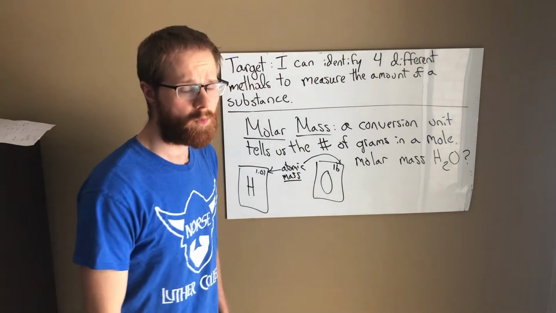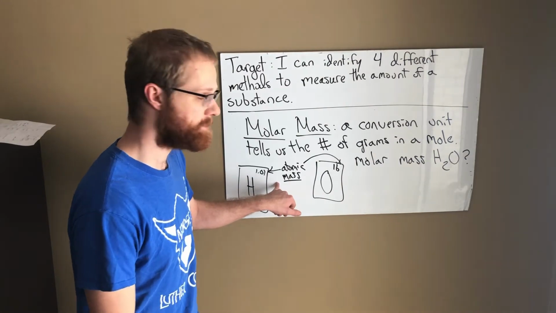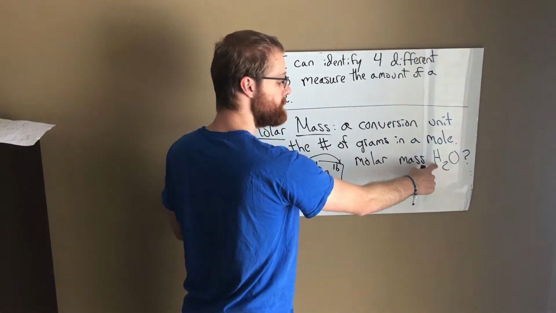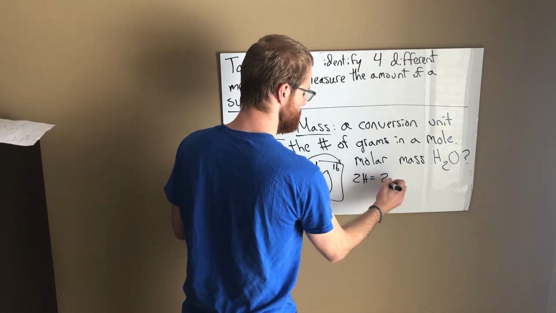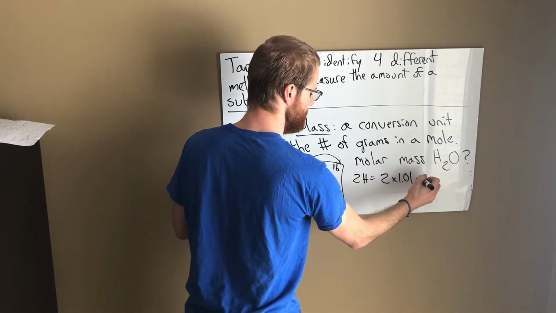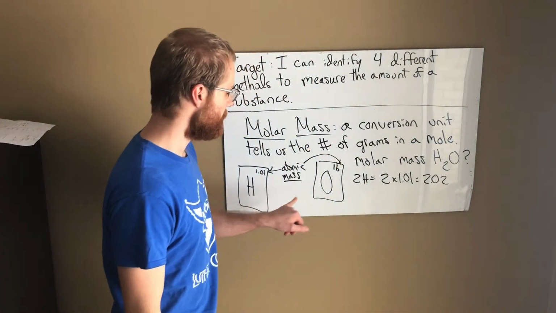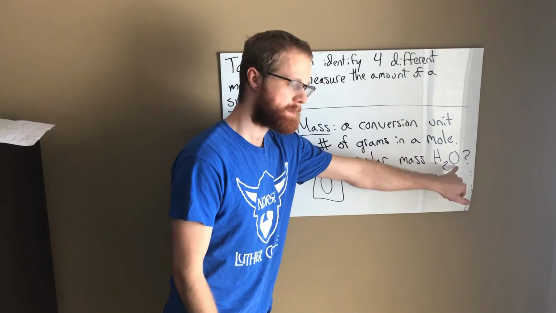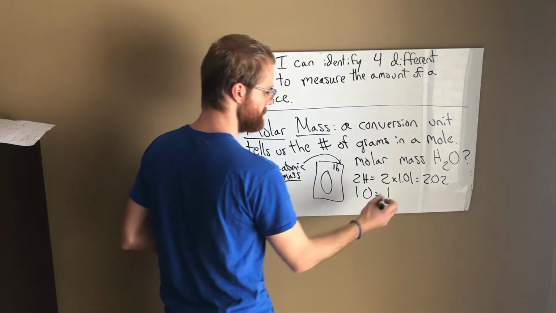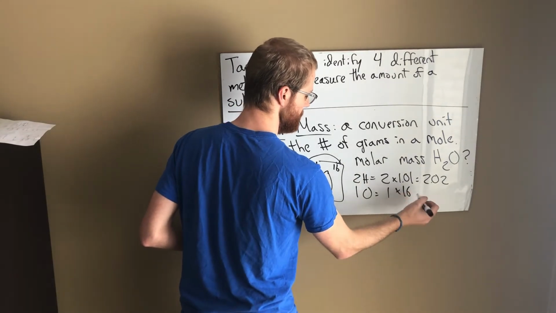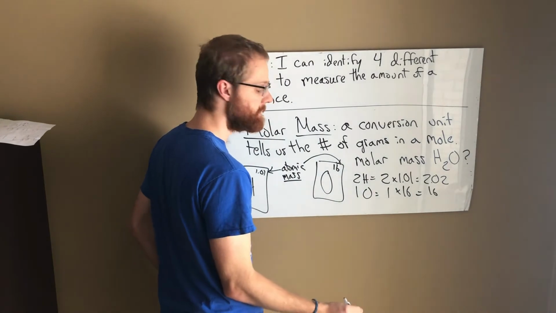All right, well, what we're going to do is we're basically going to take the masses of two hydrogens, because there are two hydrogen atoms in water. So 2 times 1.01 just equals 2.02. Okay? And we've got 1 oxygen. So we've got 1 times its mass, which is 16, and 1 times 16 just equals 16.